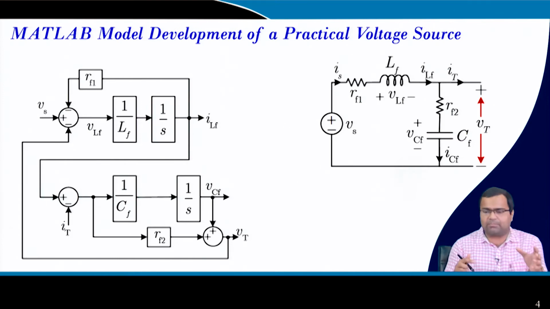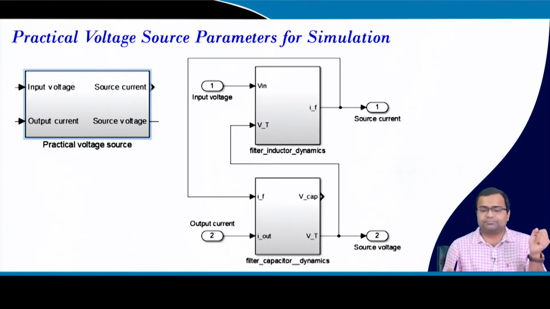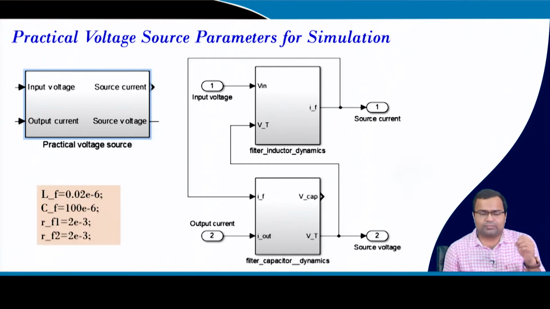We have also developed a model, which we discussed in lecture 13. For the practical source, we built a Simulink model, and we also discussed the dynamics in the block diagram of the Simulink, and we have taken these parasitics for the input filter.